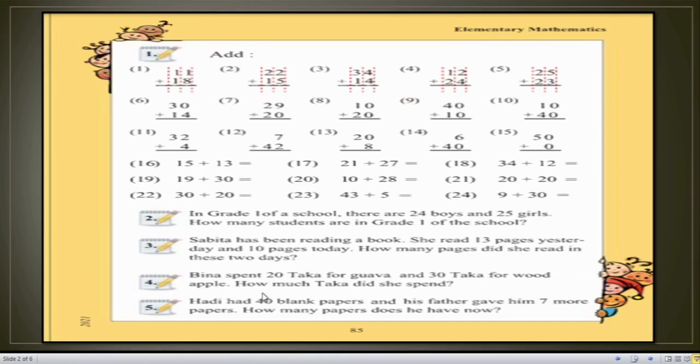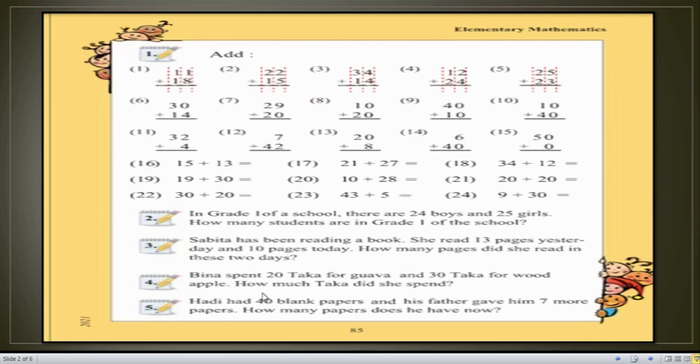Because the number of total taka will increase, in this particular question we will use the concept of addition, the concept of summation. So now we will solve question number 4, and we will see how we can solve this question.